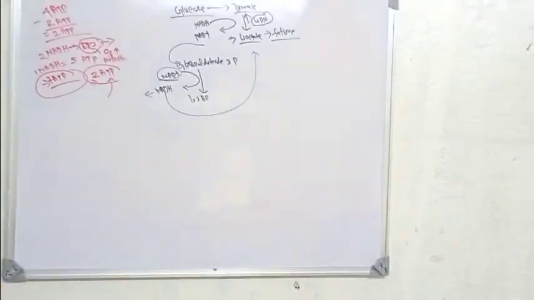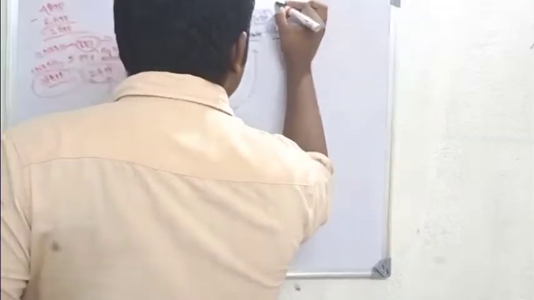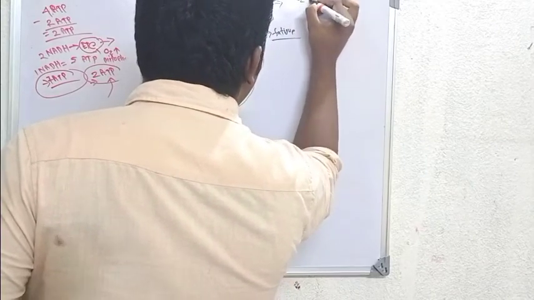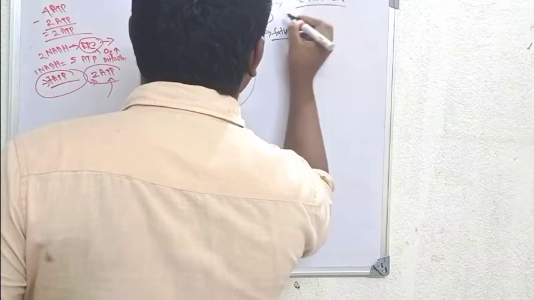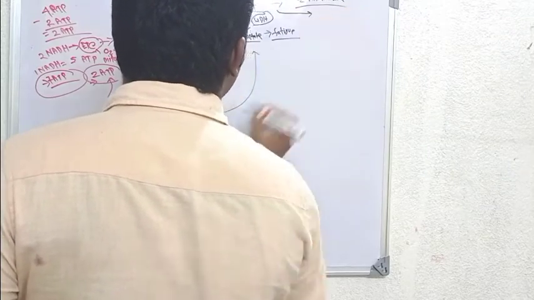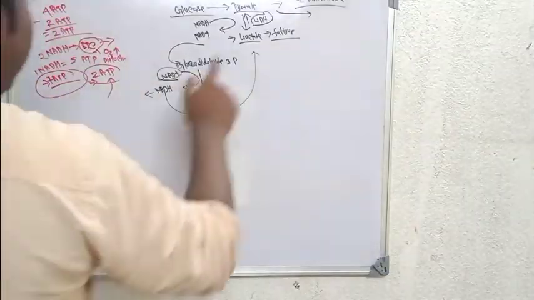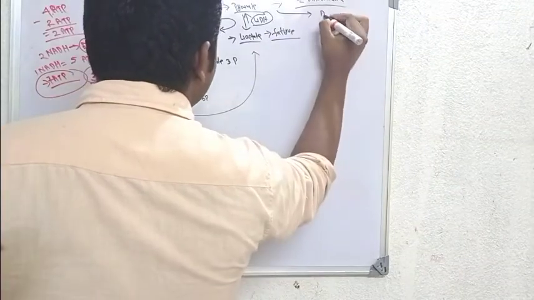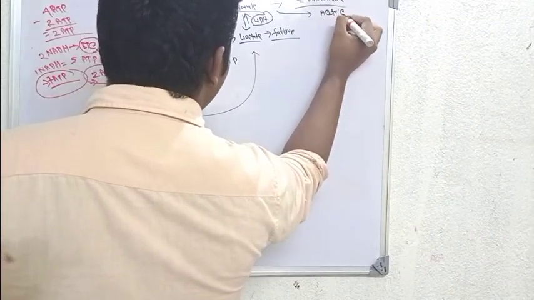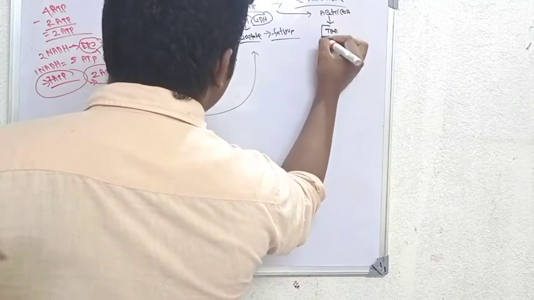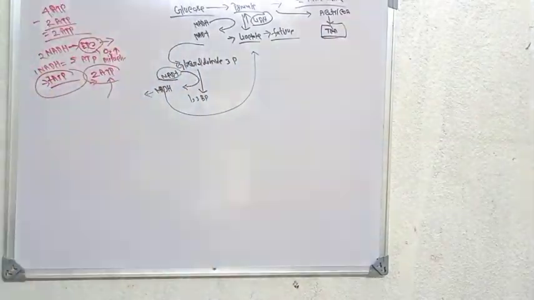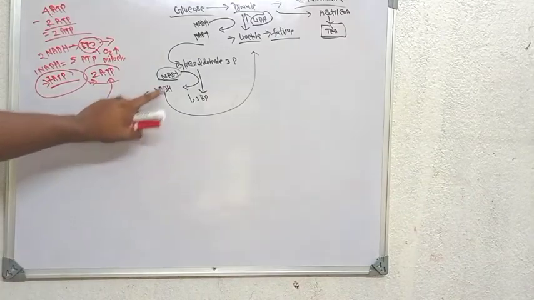If oxygen is available and mitochondria are abundant, this pyruvate enters the mitochondria and undergoes oxidative decarboxylation to form acetyl coenzyme A, and acetyl CoA enters the TCA cycle. So this is the entire glycolytic pathway.